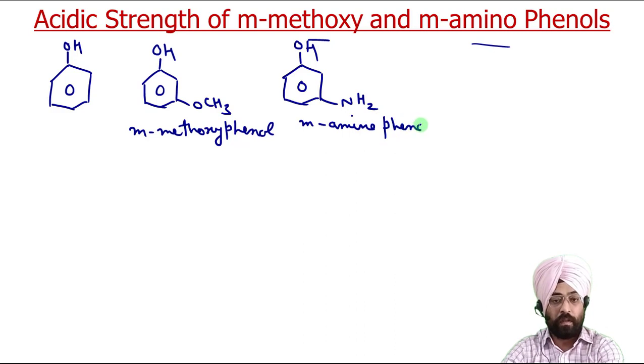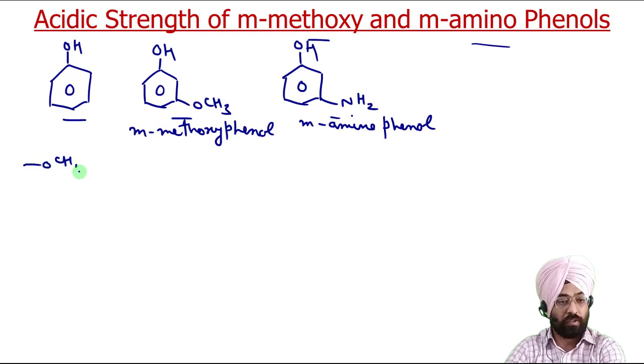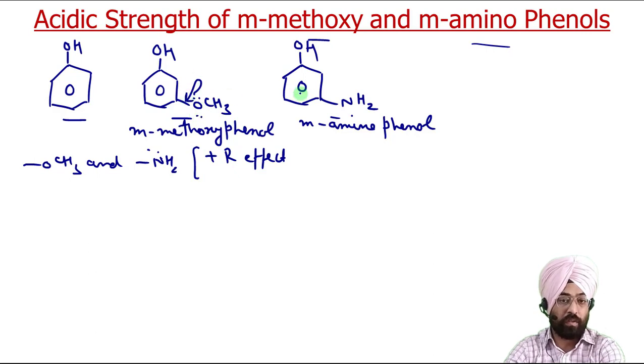Now when we have to compare their acidic strength, we have to see the nature of these groups. Both methoxy and NH2 groups have a plus R effect because they give electrons to the benzene ring, and they have a minus I effect.